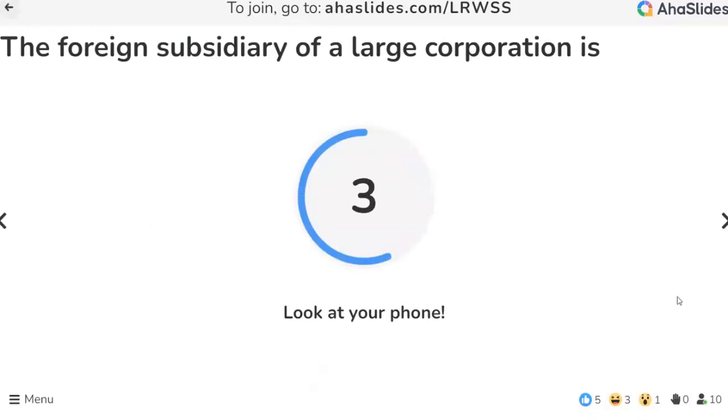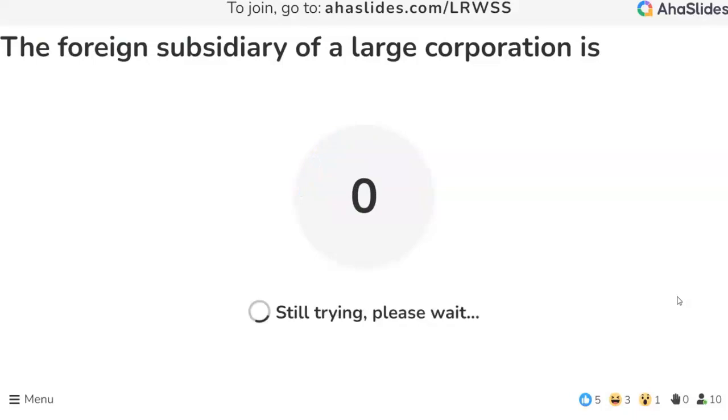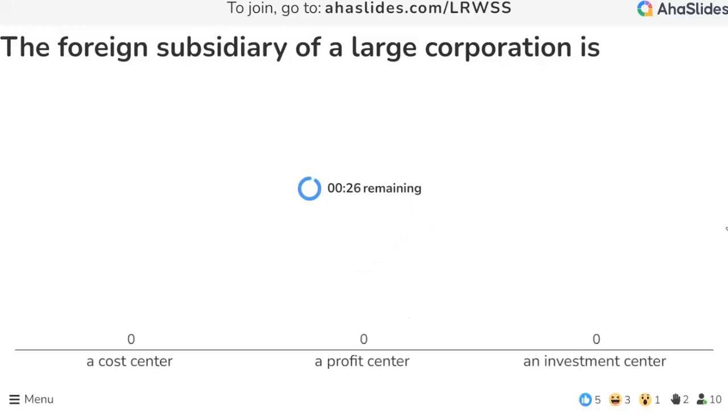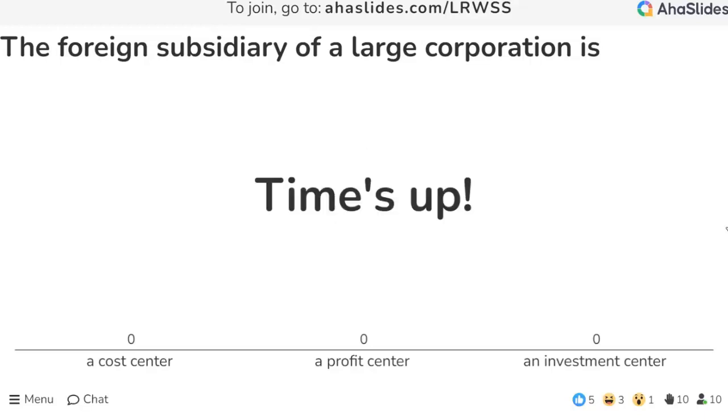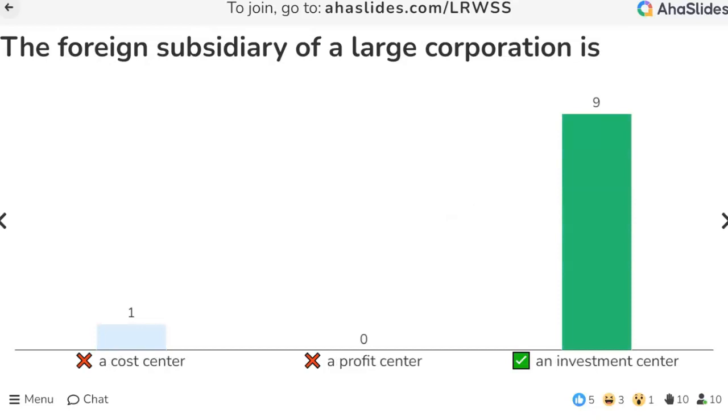A foreign subsidiary for a large corporation, is that considered a cost center, profit center, or an investment center? Yeah, you're getting the idea.